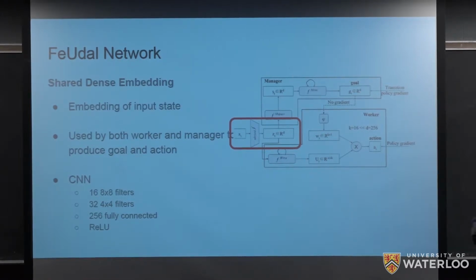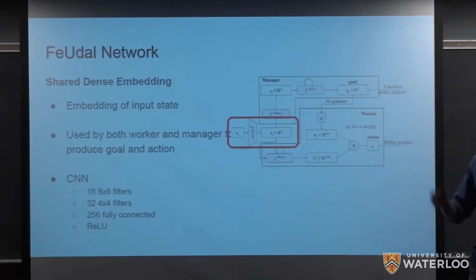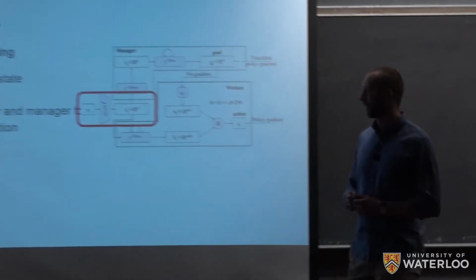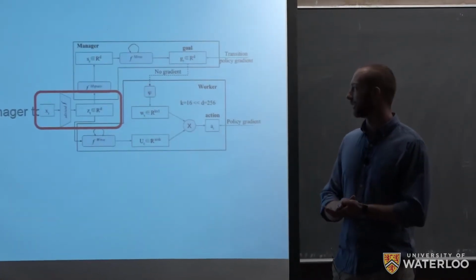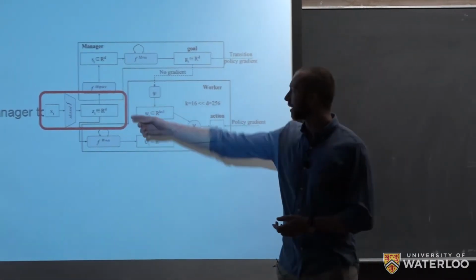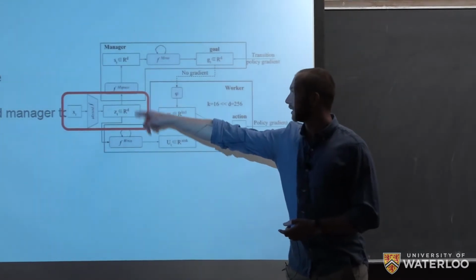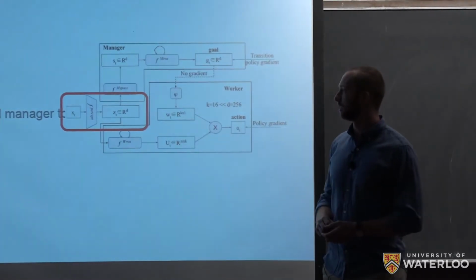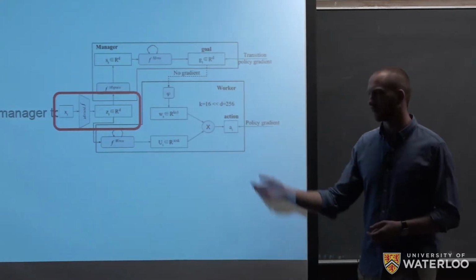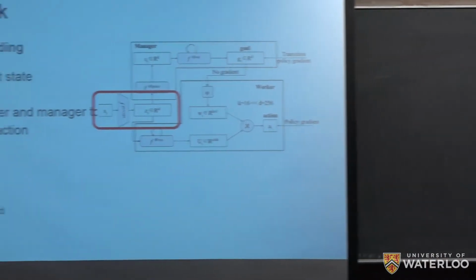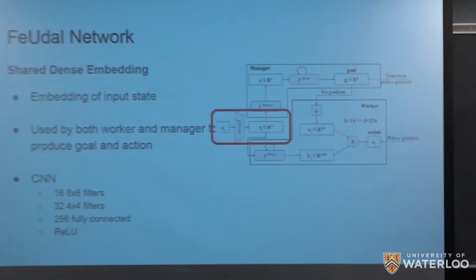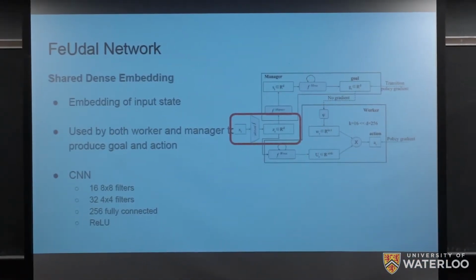We take in some input, like a video game, and compress this into a smaller representation. We feed the exact same representation to both the worker and the manager. They use a CNN, I think very similar to the one used for the original DQN Atari paper. Nothing too fancy.